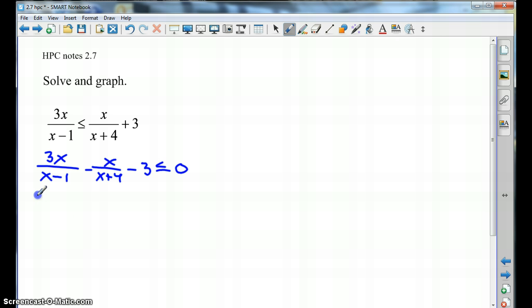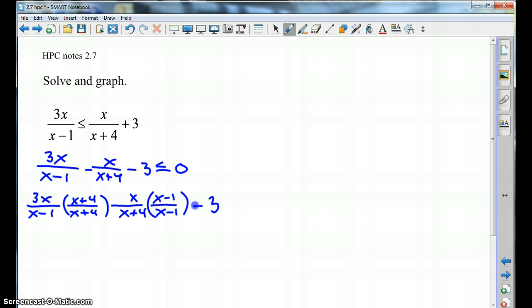So common denominator is what we have to do first. So our first term, we would multiply by x plus 4 over x plus 4. The second term would have to be multiplied by x minus 1 over x minus 1.